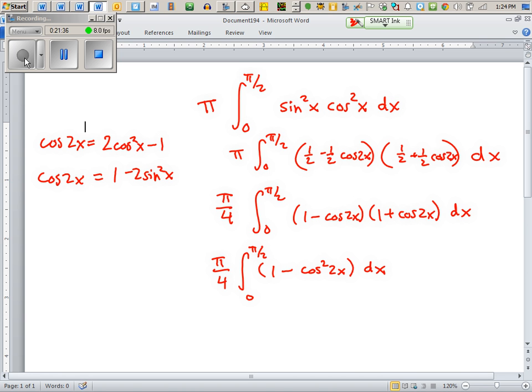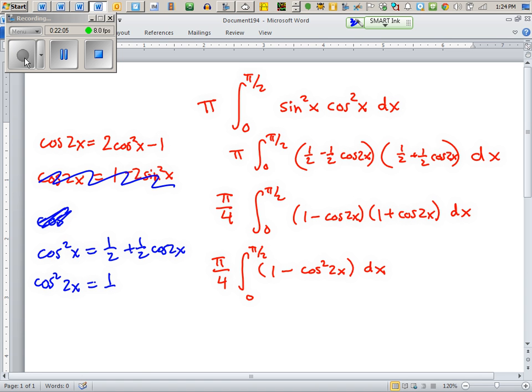Okay, is there an identity for cos squared 2x? Well, let's just do this by analogy. What I meant to say was, if cosine squared x can be replaced with 1/2 plus 1/2 cos 2x, couldn't cosine squared 2x be replaced with 1/2 plus 1/2 cosine 4x?